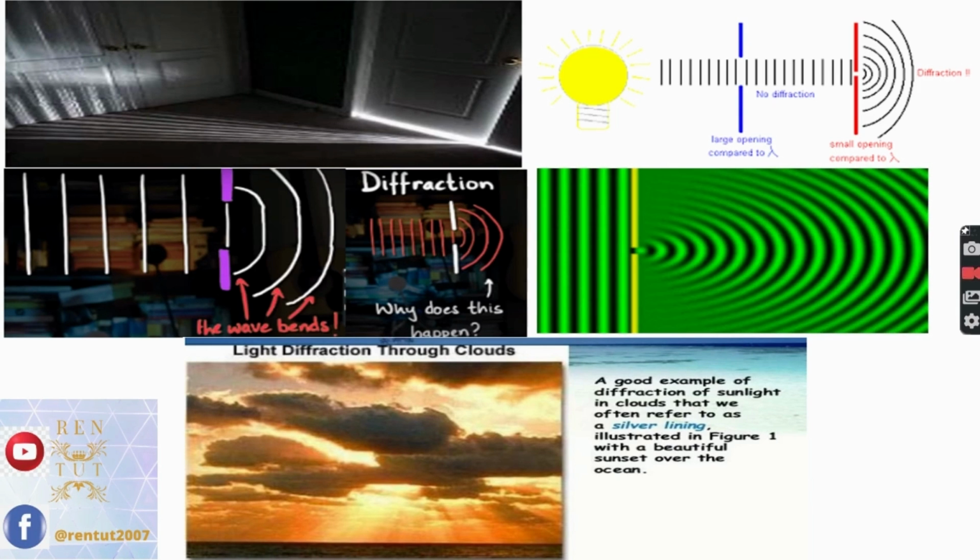We have magnified this slit maybe 1000 or 2000 times for you to understand it better. When the ray of light passes between the slits, the waves are bent. Why does this happen? The answer is diffraction.